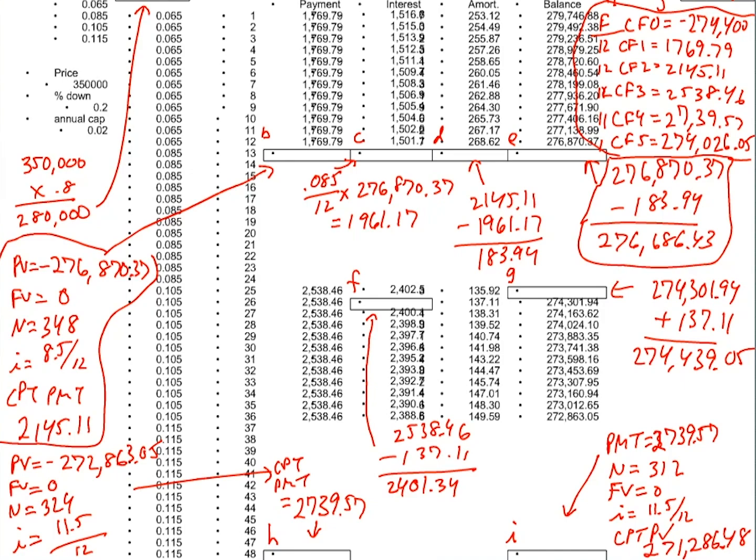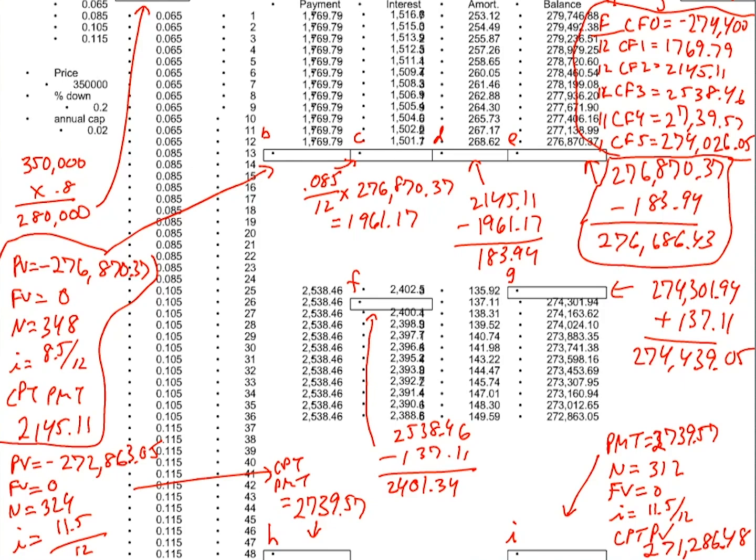Now we also need the final balance. So the final balance, well, we know the payment, $2,739.57. So we could just say it's the present value of all those payments for the number of periods left, which is 312 at the 11.5%.